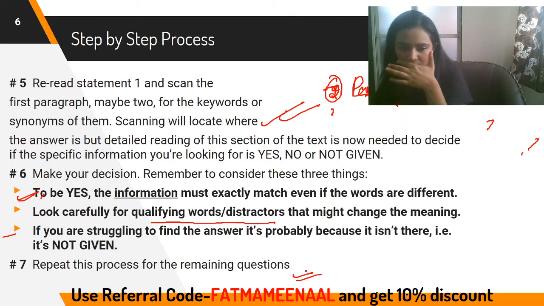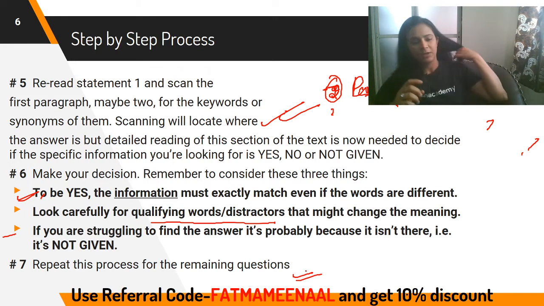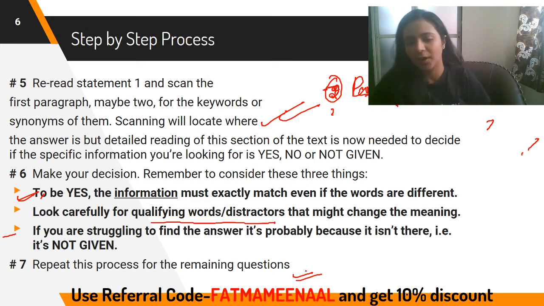So how we're going to do this is, I'm trying to make you do it my way today. Try it my way and see if it works for you. I'll be giving you time to read the question, understand the question, right? After that, I'll give you time to find it in the passage. And simultaneously, I'll be doing the question too with you.